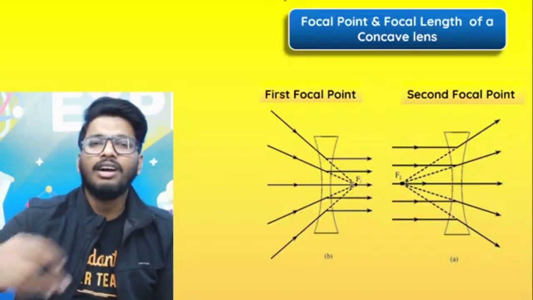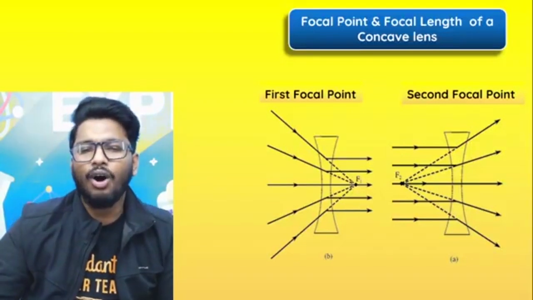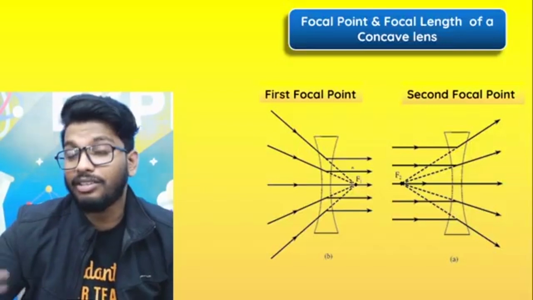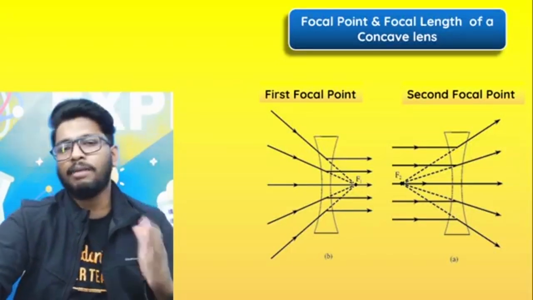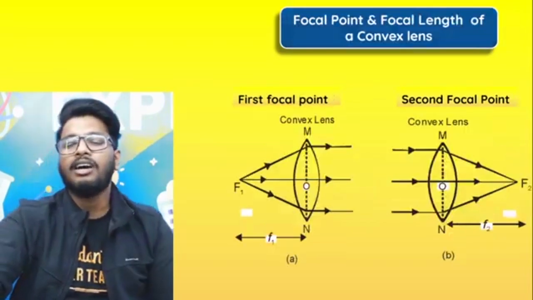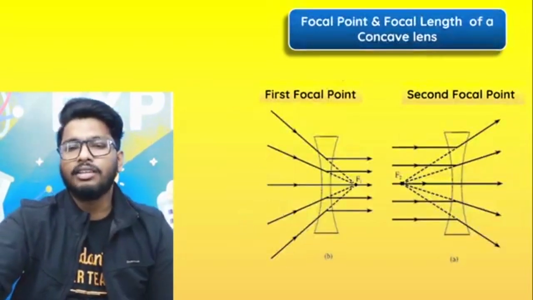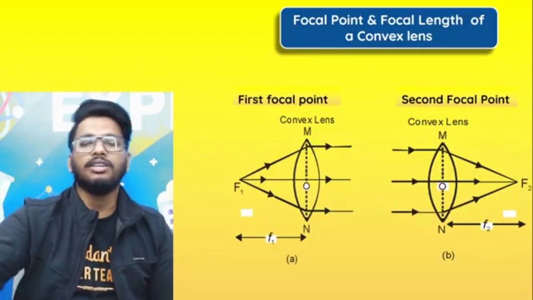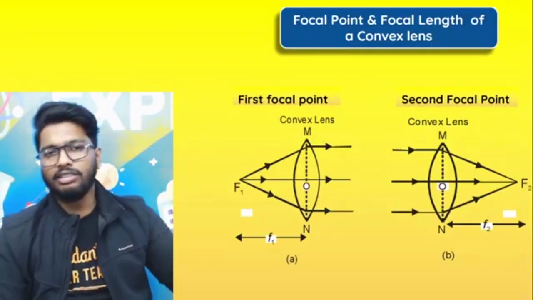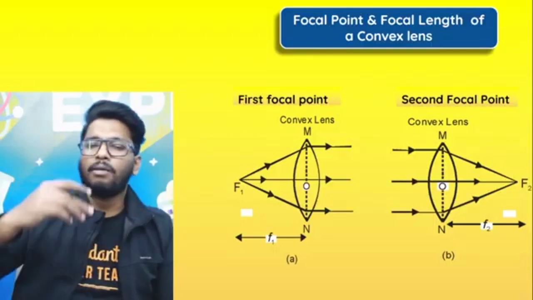So here the f1 is actually on the right hand side, and f2 is on the left hand side. So remember this, guys, in the case of a convex lens, if the rays of light are coming from the left hand side, then the image will be formed on the right hand side.